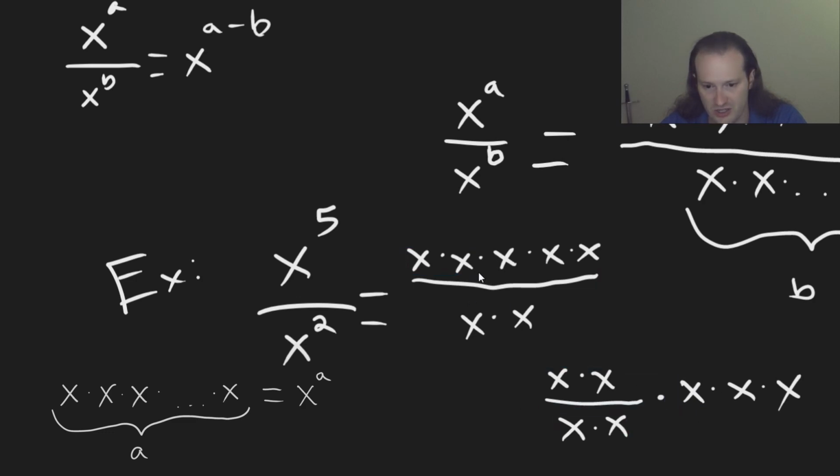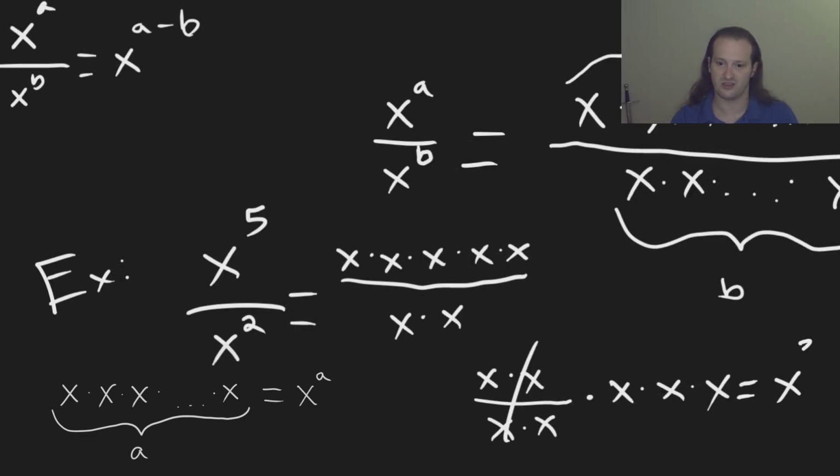This algebraically works out to be the same as this, top times top, bottom times bottom. We know that. But then we also know that anything divided by itself is 1. So this cancels out, meaning it's equal to 1. 1 times 3 x's multiplied together is x to the 3rd. So basically what we're doing is canceling out the same amount of x's on the top and the bottom until we have no common variables on the top and the bottom.